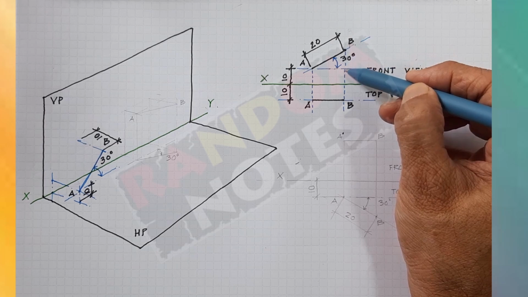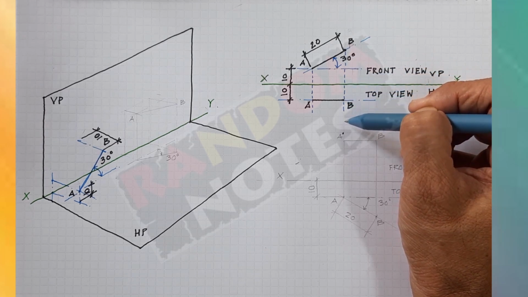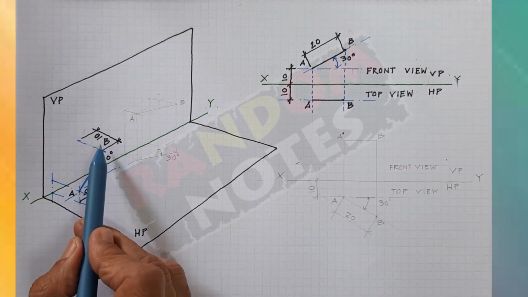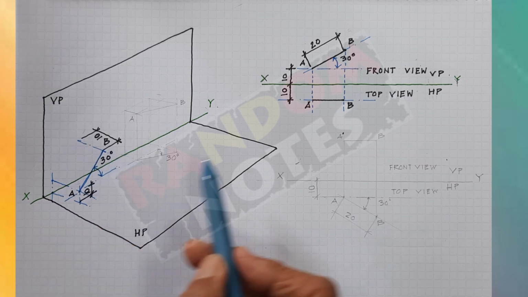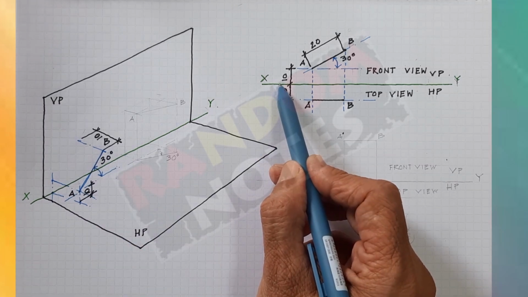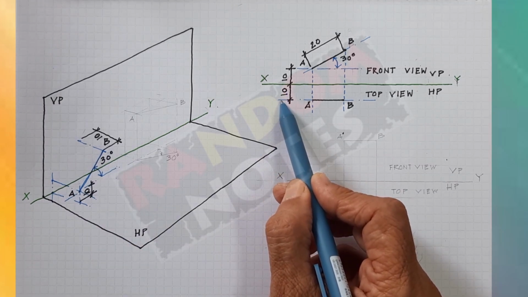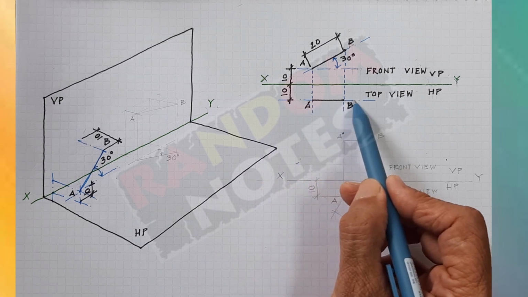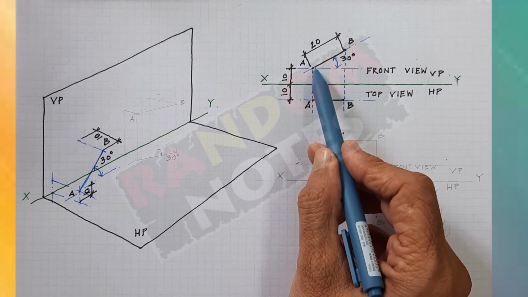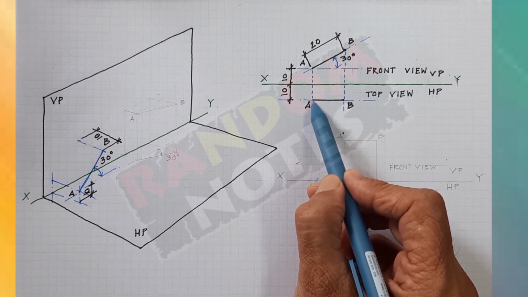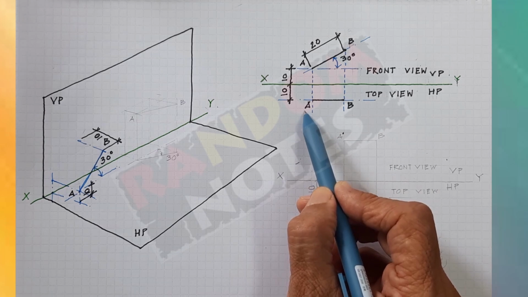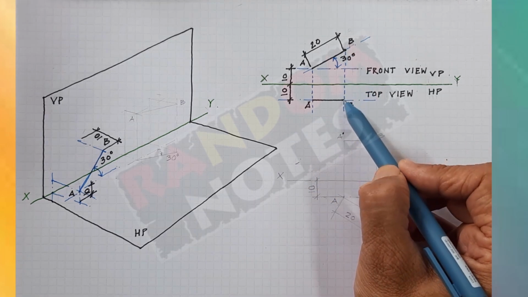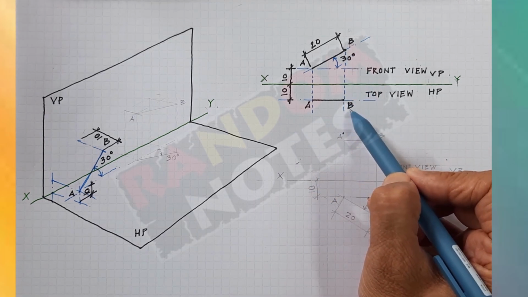I took down projection from point B down to the horizontal plane. This line is 10 mm away from the vertical plane. So from the XY line, I took a 10 mm distance, drew this reference line. Wherever this projection cut the reference line, it gave me point A. Wherever this projection cut the reference line, it gave me point B.